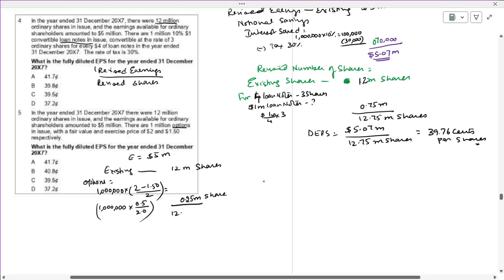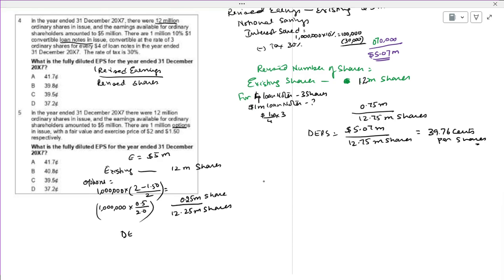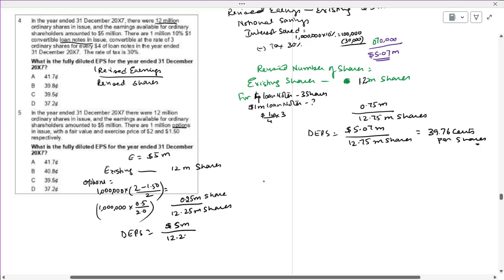Total shares are how much? 12.25 million shares. Is it right? Diluted earnings per share is how much? 5 million divided by 12.25 million shares. How much will you get? 40.81 cents per share.